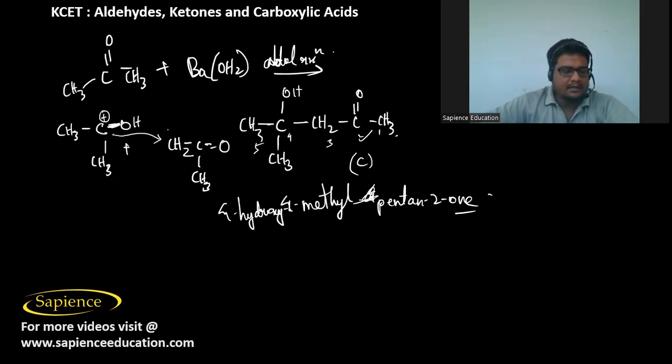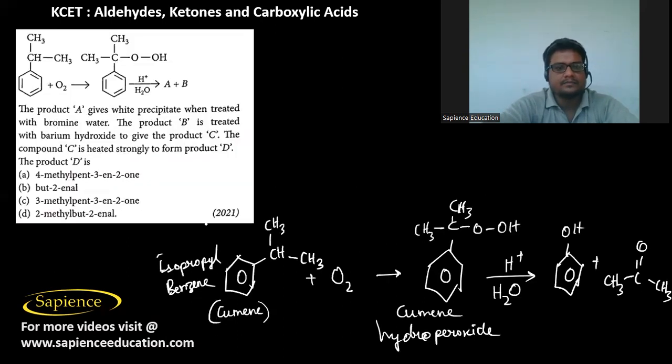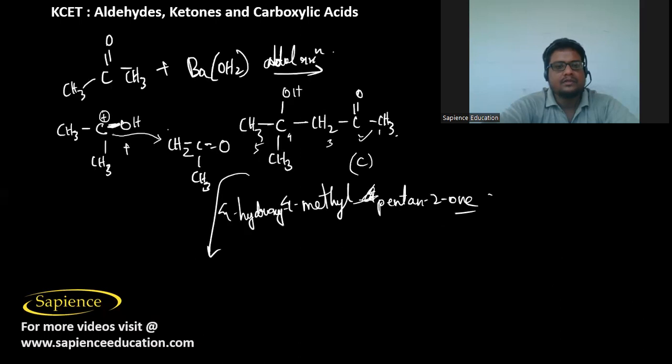Okay. And when this compound C is heated strongly, on strong heating it will remove one molecule of H2O. It means there will be a dehydration reaction, and here one alkene, one double bond will be formed.